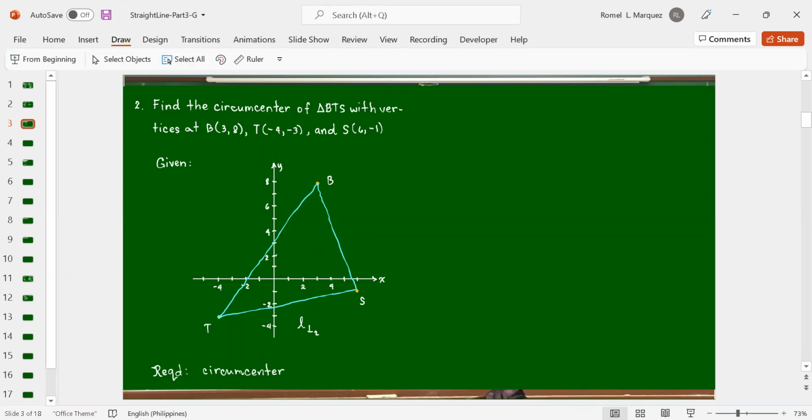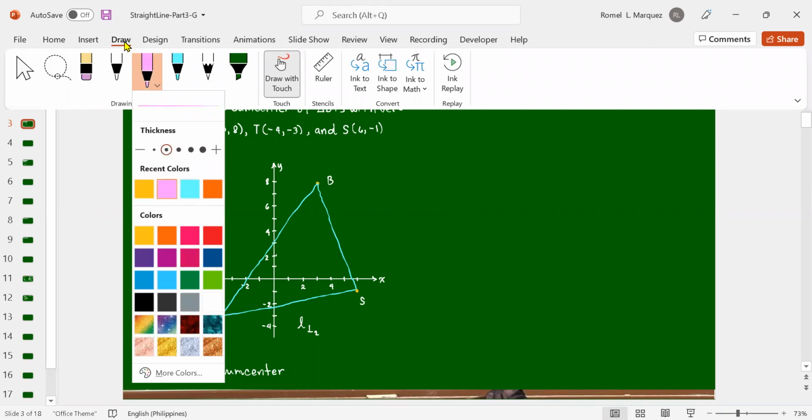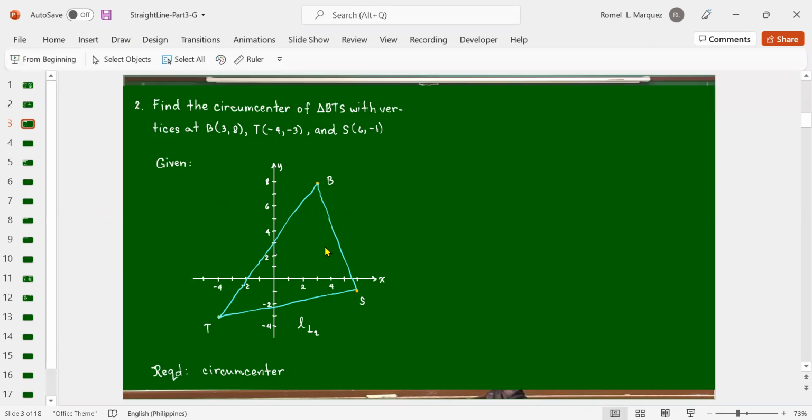So let's draw first the first perpendicular bisector. We need just two, no, guys? So we just need two. Two are enough to be able to come up with this perpendicular bisector. Perpendicular here, for instance.